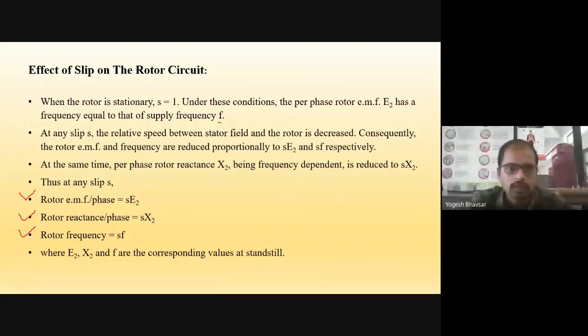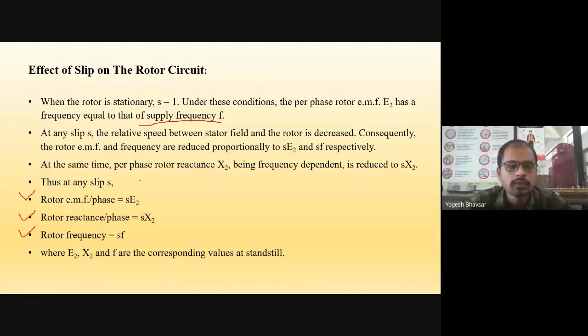As the frequencies are equal, the induced EMF is also equal, because whatever the frequency changes, there will be a flux change. At any slip s, the relative speed between the stator field and the rotor decreases. Consequently, the induced EMF in the rotor and the frequency are also reduced, proportional to s times E2 and s times f.